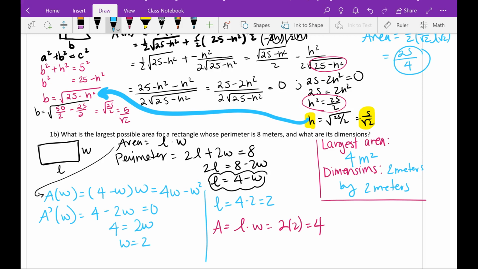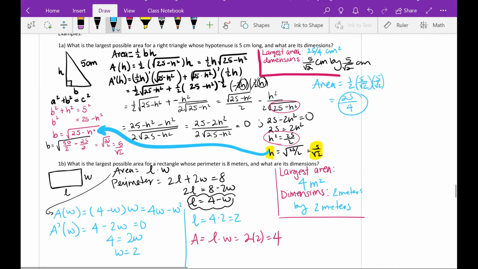Now let me just try to graph. Let's just say I want to graph out the previous problem just to see if we are correct. Keep in mind that we already had this area formula right here. So I'm just going to graph that out on Desmos and see if we have something similar to 5 divided by radical 2, or 25 divided by 4 centimeters squared for the largest area.